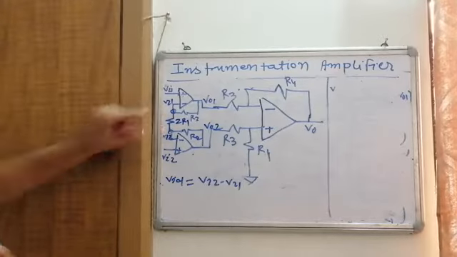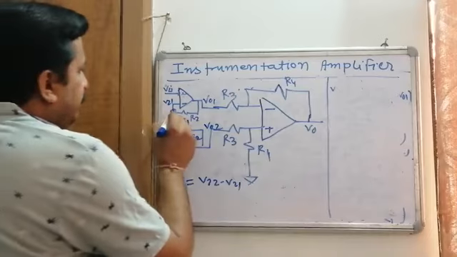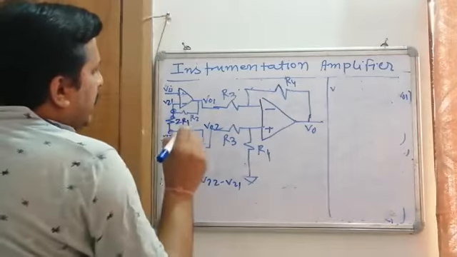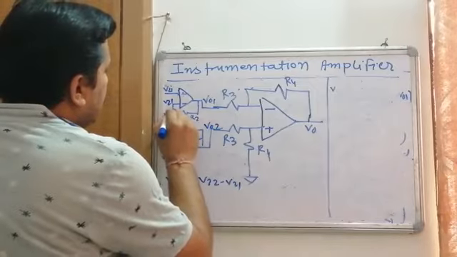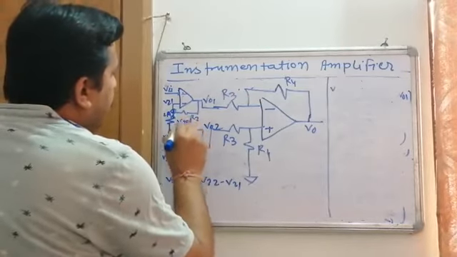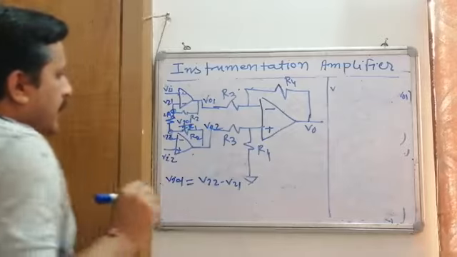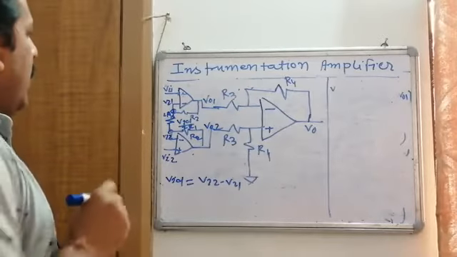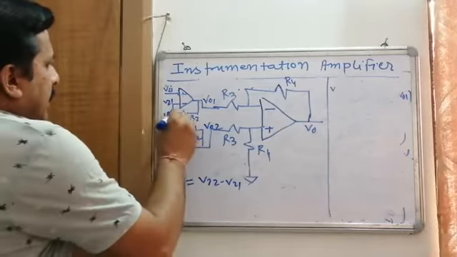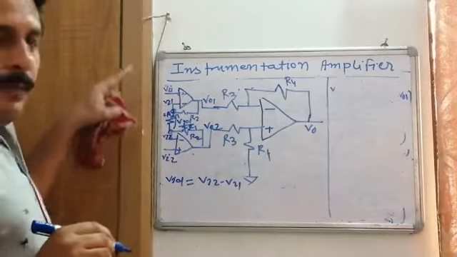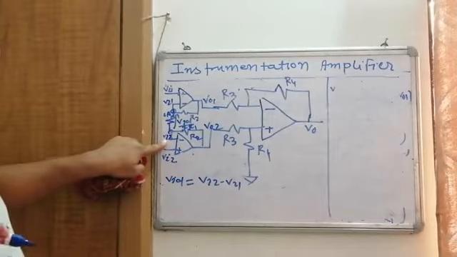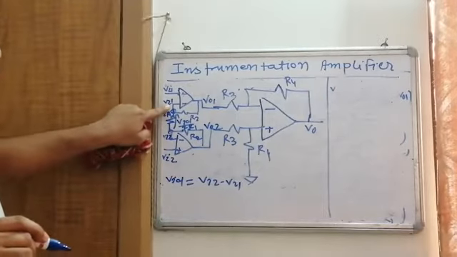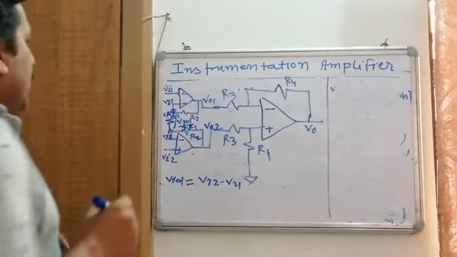It is VID, and how much current will flow? So this current is equal to VID by 2R1. The direction of current is upward because the value of voltage VI2 is greater than the voltage VI1.